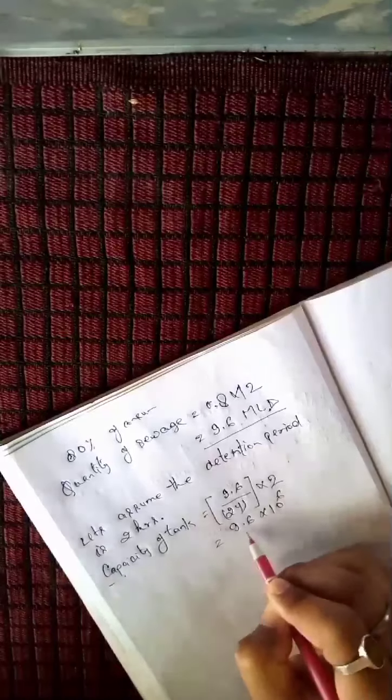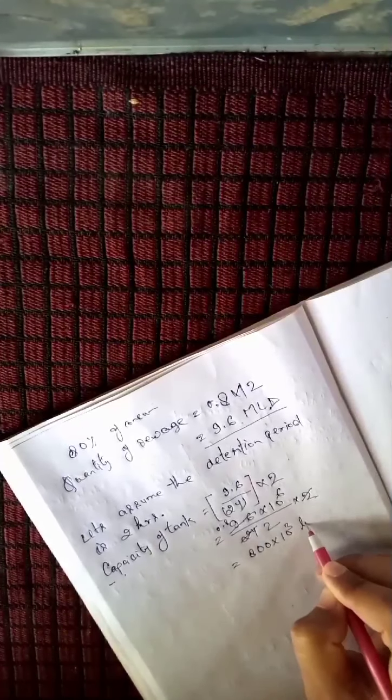That means the capacity of the tank must be the quantity of sewage stored for 2 hours. It will be 9.6 million liters, that is 10 to the power 6, divided by 24, into 2, it is 800 into 10 to the power 3 liters.